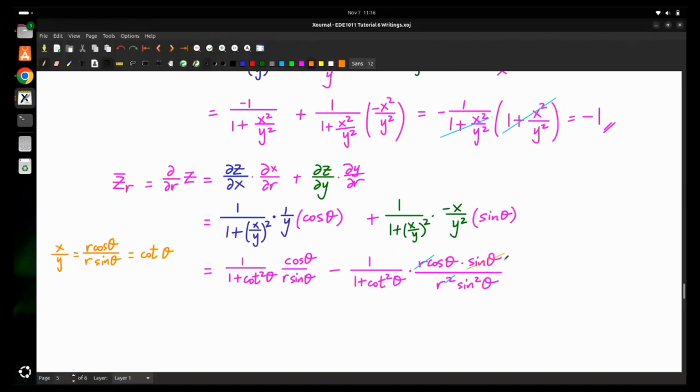So what is this term? This term is actually cosine theta over r sine theta. It's the same as this term. So therefore it's 0. Because this one eventually simplifies to cos theta over r sine theta.